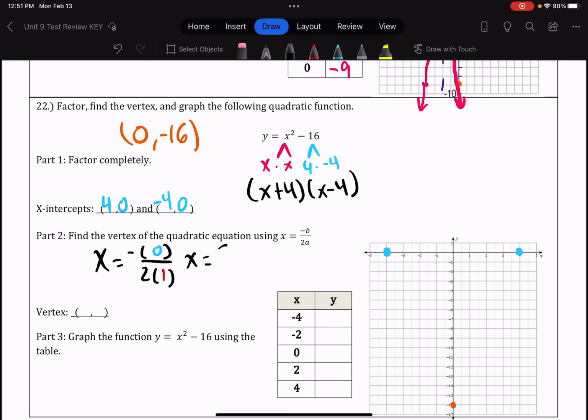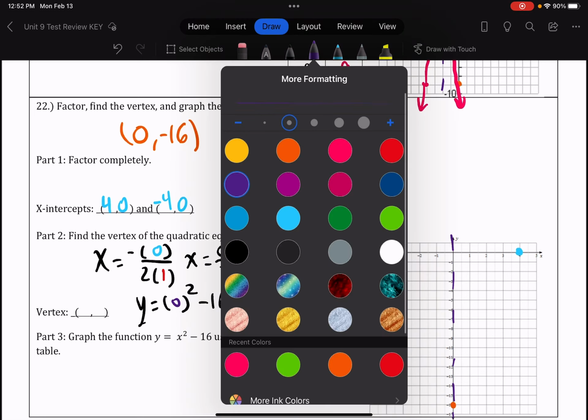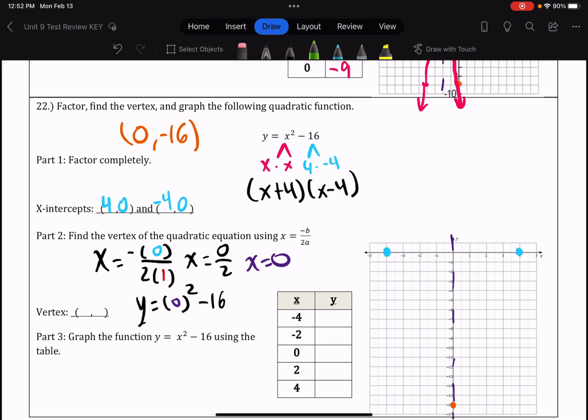So x equals 0 over 2. So my axis of symmetry is going to be my y-axis, which is just where x equals 0. And I'm going to plug that back into my function. So I've got y equals 0 squared minus 16, yielding a y value of negative 16, which is what we just confirmed, that my vertex is the same thing as my y-intercept at 0, negative 16.